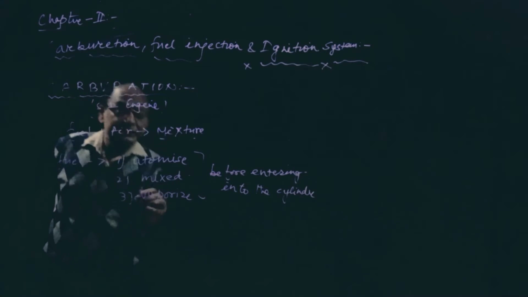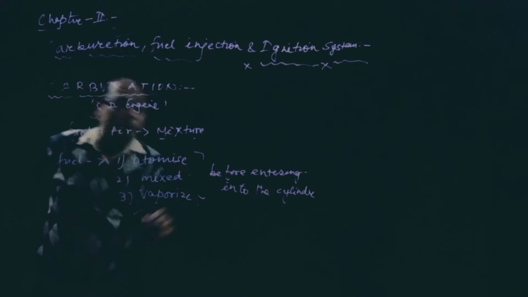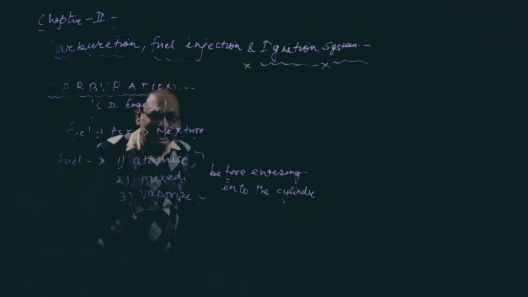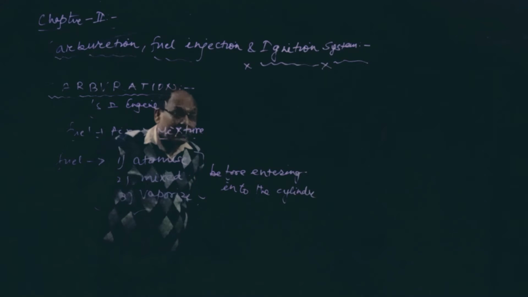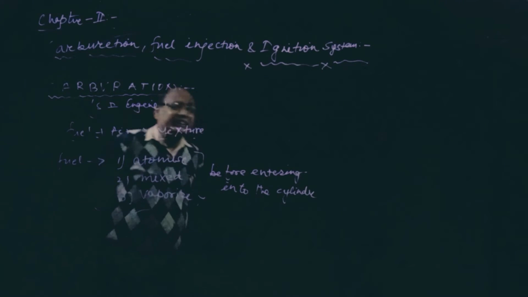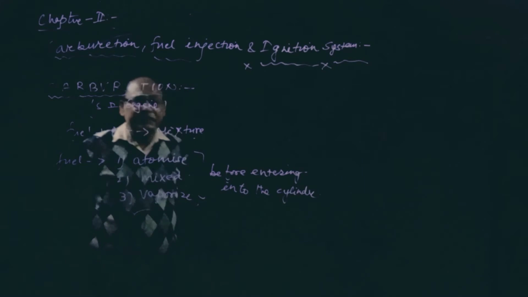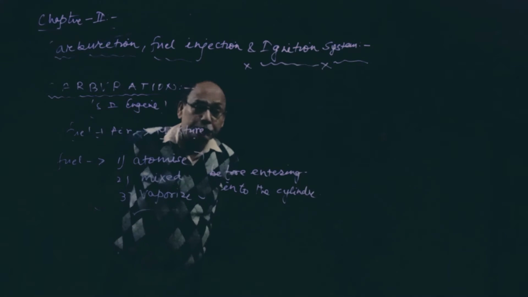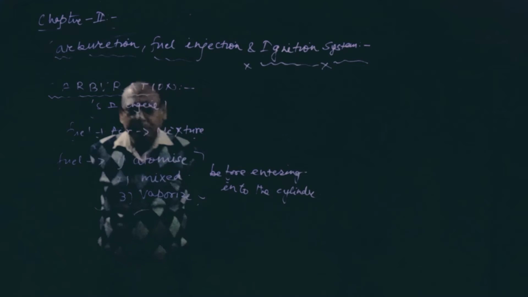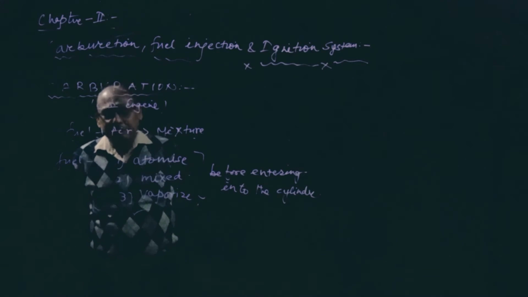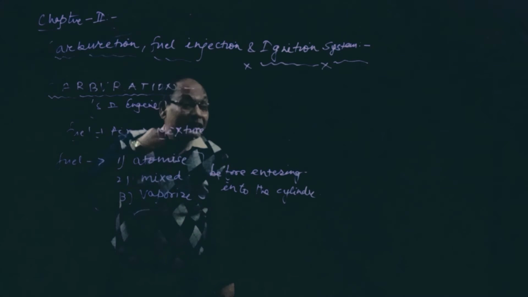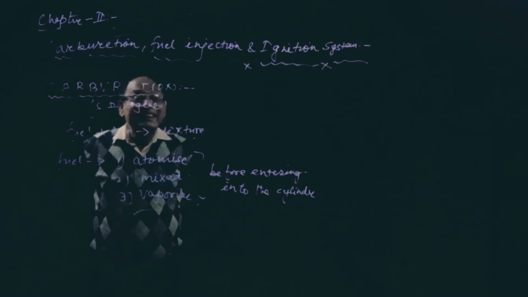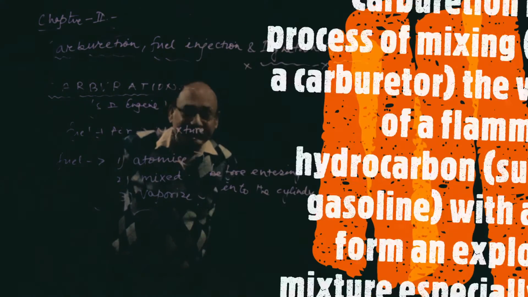This proper mixing of fuel with air has to happen at all load conditions, various conditions will be there. Sometimes lean fuel has to be supplied, sometimes it should be rich fuel also. That depends upon the condition of the load on the engine.